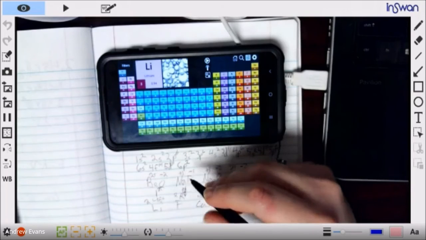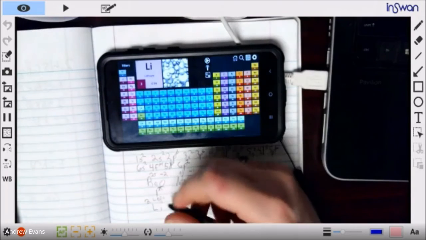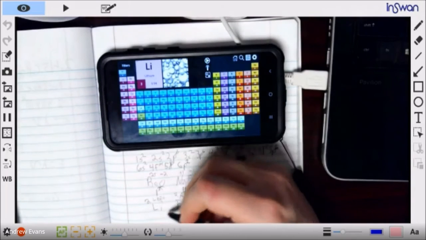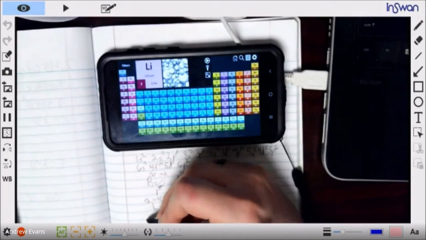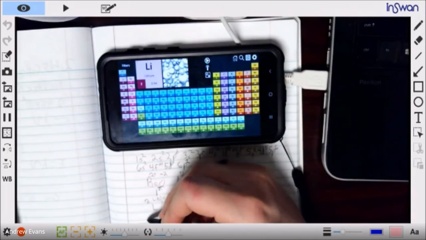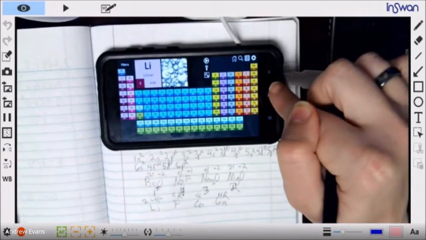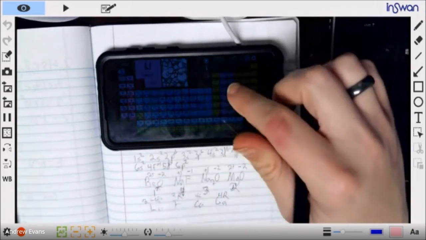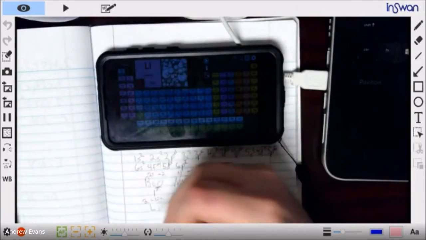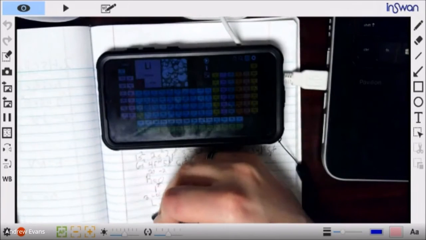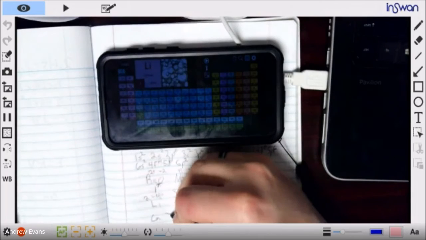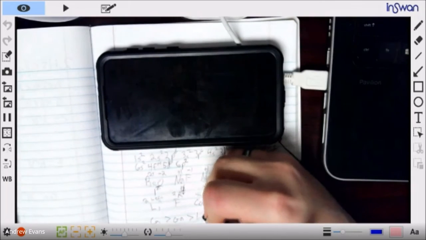if I would say comparing rows, you're going to have the right is smaller than the left. As we move across the table, size decreases. As we move down the table, size increases. So let's say the biggest one would probably be calcium, followed by probably gallium, followed by lithium, followed by fluorine.